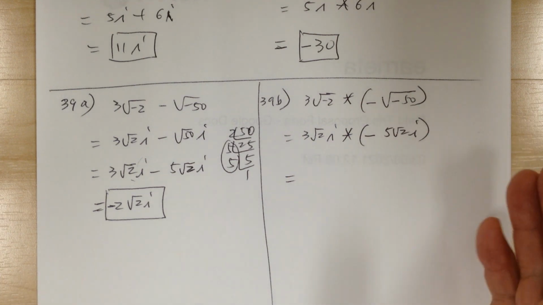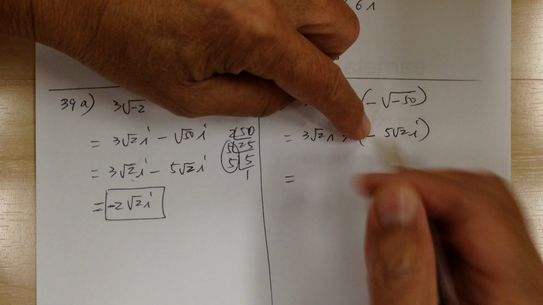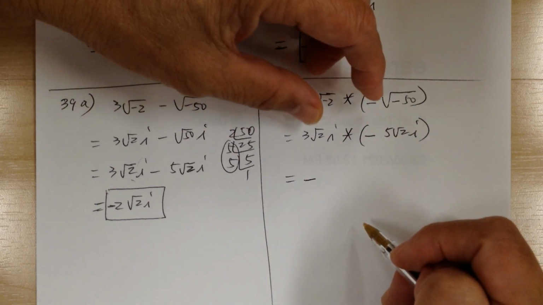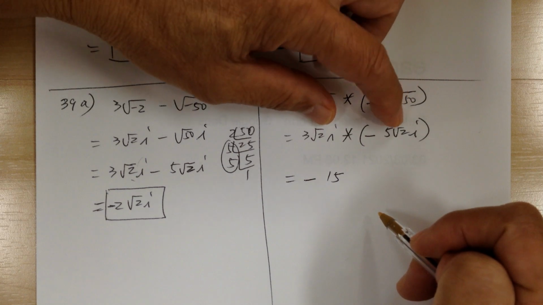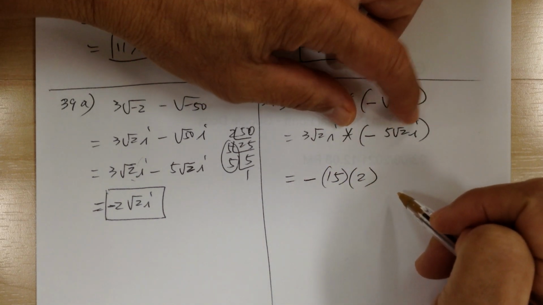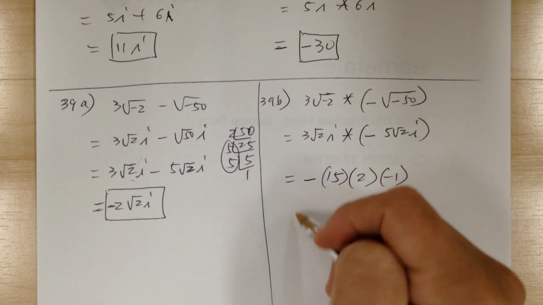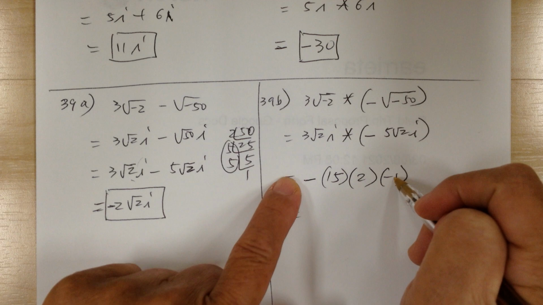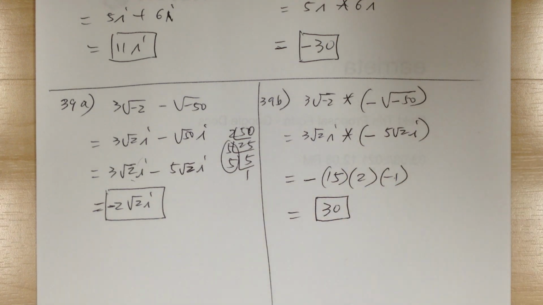Now when you multiply, again, you do the sign, the number, and you do the alphabet. So positive times negative would be negative. The integer times integer would give you 15. And then radicand times radicand, it would be a 2. And i times i is a negative 1. Okay? So again, you use a lot of parentheses. And so this will equal to negative times negative 1 is positive, so this would be 30.